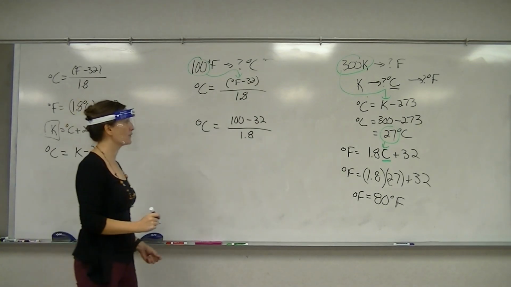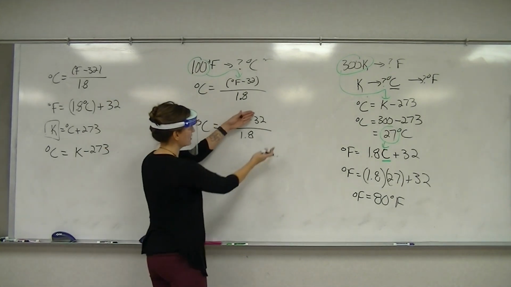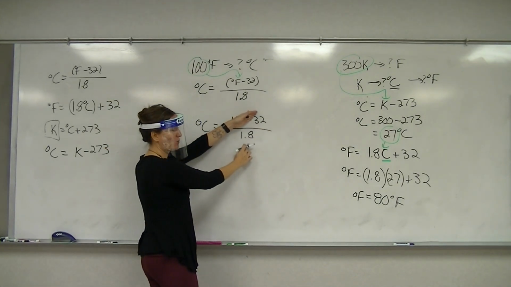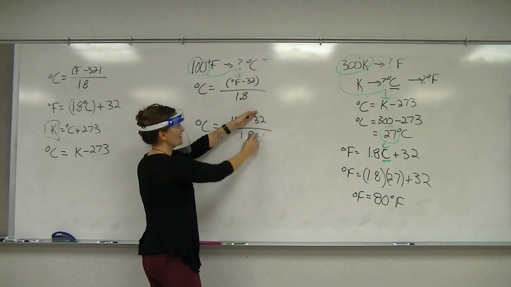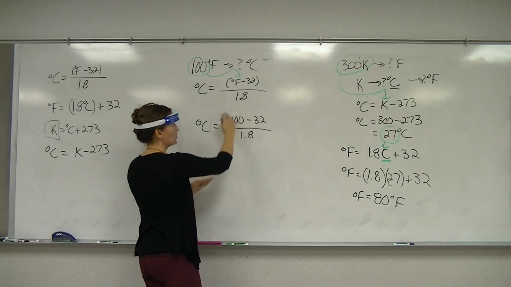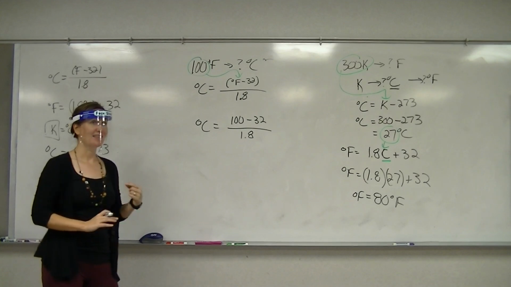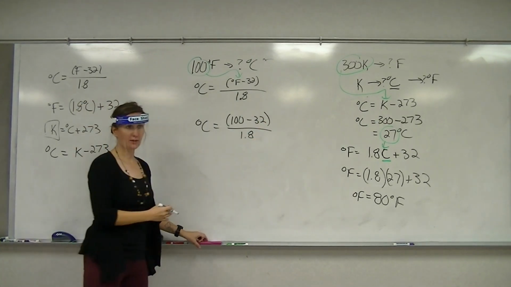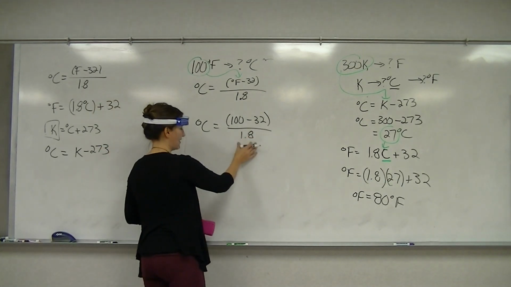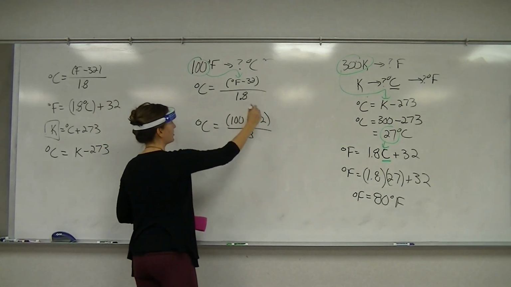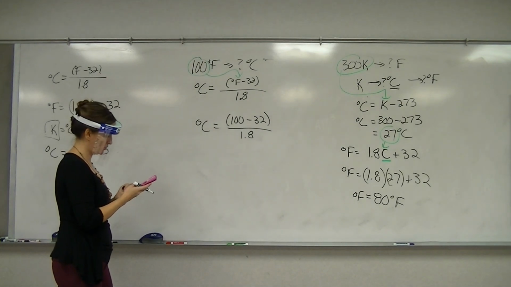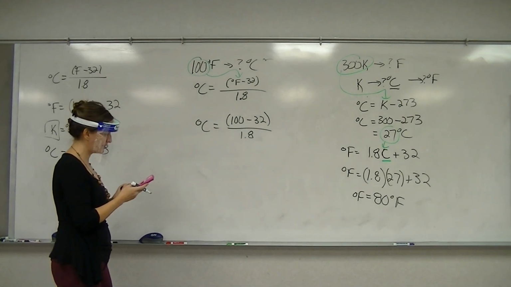If you forget the parentheses, by order of operations, it's going to take 32 and divide it by 1.8. It'll then subtract that from 100, and that's going to give you the incorrect answer. So either do the subtraction first and then divide by 1.8, or put parentheses around that in your calculator so that you aren't making mistakes because of calculator error.